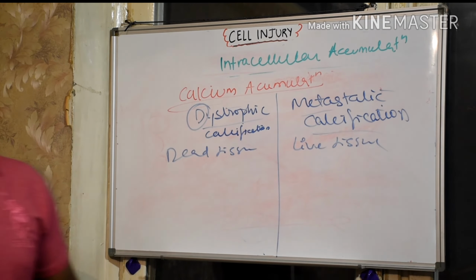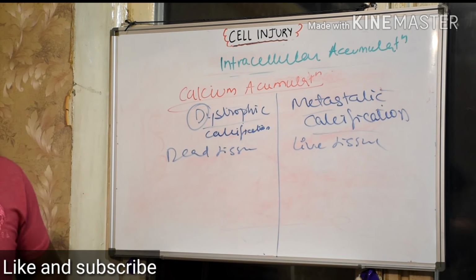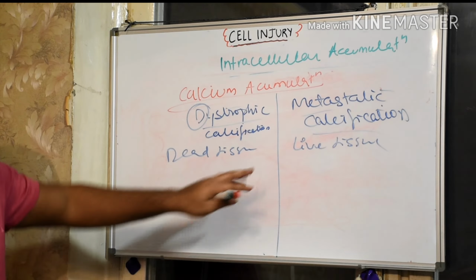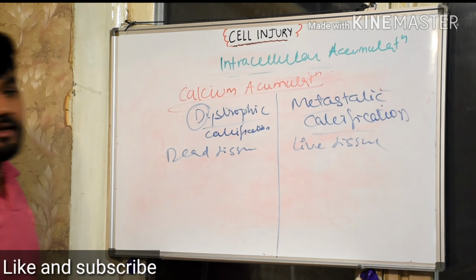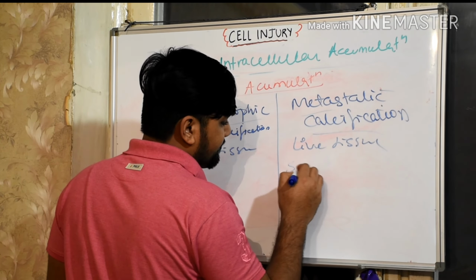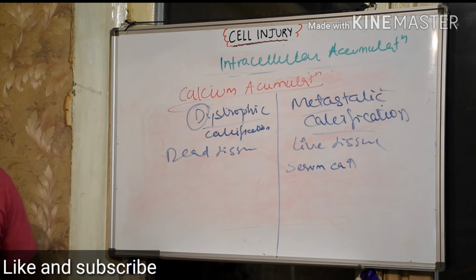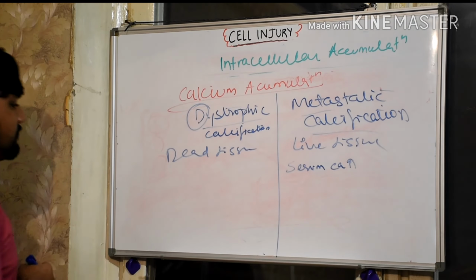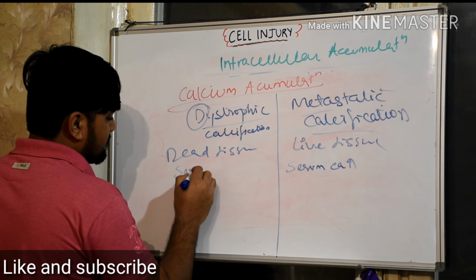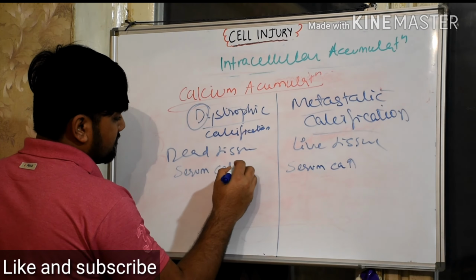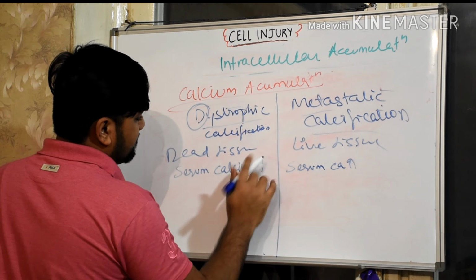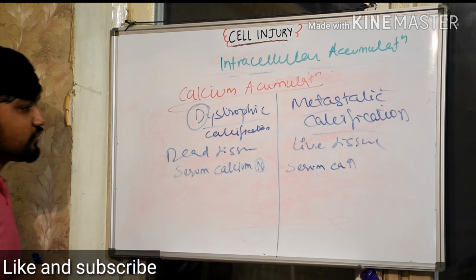Dystrophic calcification is found in dead tissue, and metastatic is found in live tissue. In metastatic, the tissue is live, so the serum calcium will increase. Here it is just dead tissue, so the serum calcium will be normal. These are the two main differences.